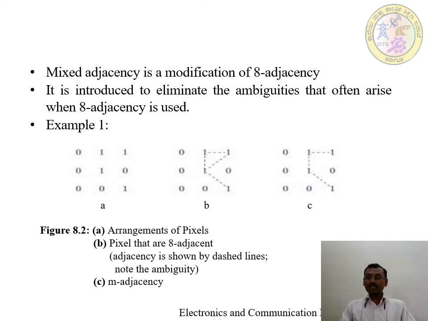That can be eliminated using the mixed adjacency, which provides a single path, single connectivity between the center and the corner pixel. That means this ambiguity present in 8 adjacency can be eliminated by the mixed adjacency, that is M adjacency, where the diagonal path is eliminated.